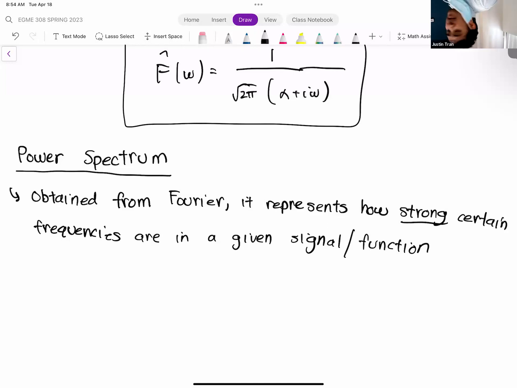So I think I left it at that when we talked about the Fourier power spectrum before, but the word strong here is key to this whole understanding. When I talk about how strong a function is, what I mean is the amplitude of the signal for that given frequency.